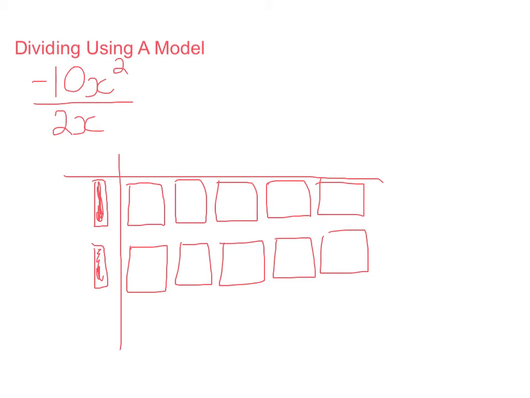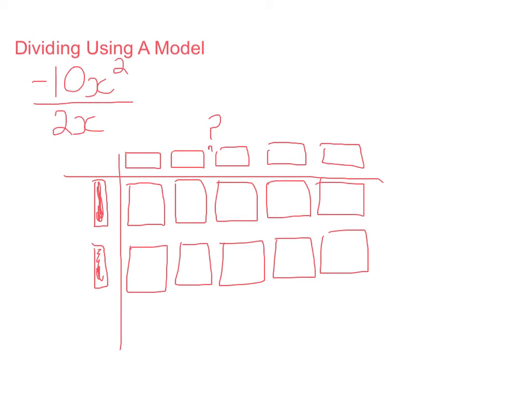So what we're trying to find is one of the side lengths of our rectangle. So basically we just got to fill in the top. So what's going to be here? Well, we're going to have 5 x tiles.